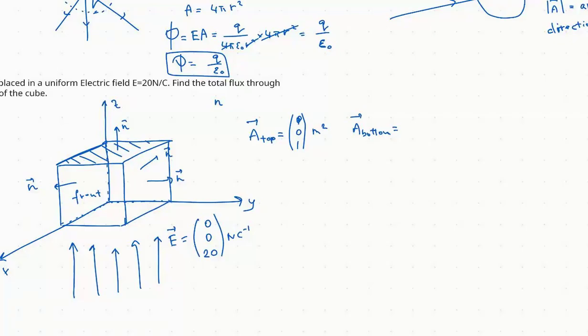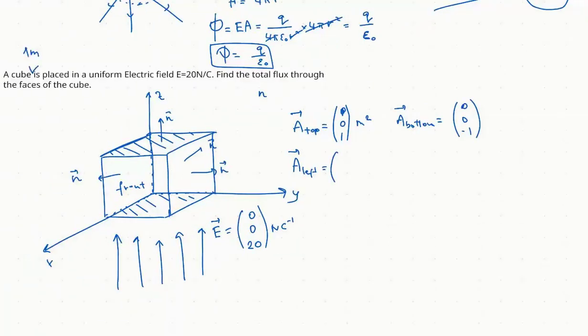So the bottom plane is opposite to this, so it's going to be 0, 0, minus 1. The area of the left is facing left, so against the y-axis: 0, minus 1, 0 meters squared. Area right is 0, 1, 0 meters squared.